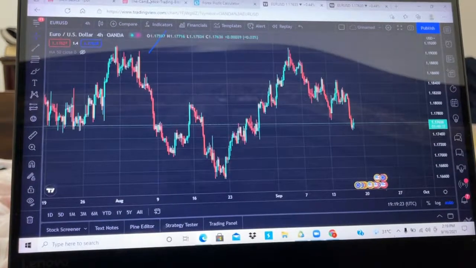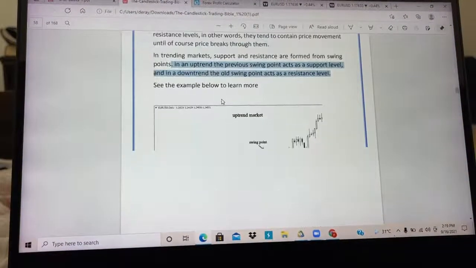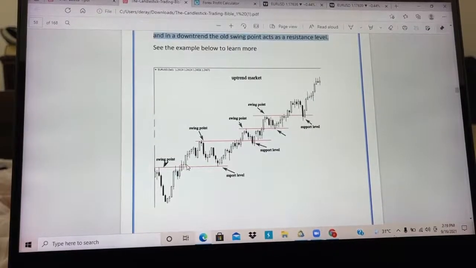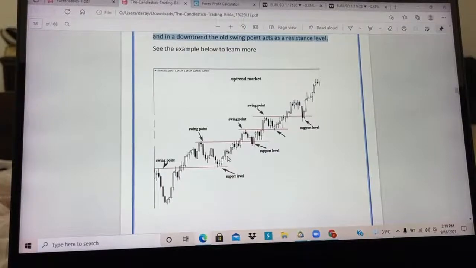So far, just to get the definitions correct, this is just a visual idea of what the support looks like, and resistance, which we can also call the swing point.